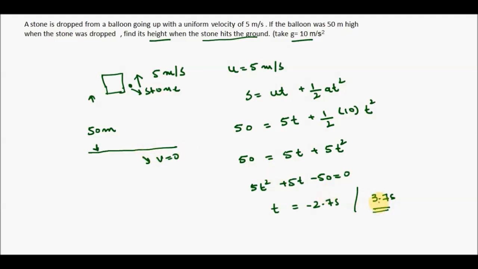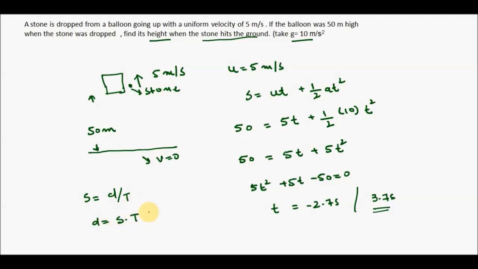Now in the meantime, the balloon has actually risen up to some distance, right? So let us calculate the distance which the balloon has risen in this time, right? Now it can be simply calculated from the equation of speed, and that is simply speed is nothing but distance over time, or I can rearrange it as distance equals speed into time.